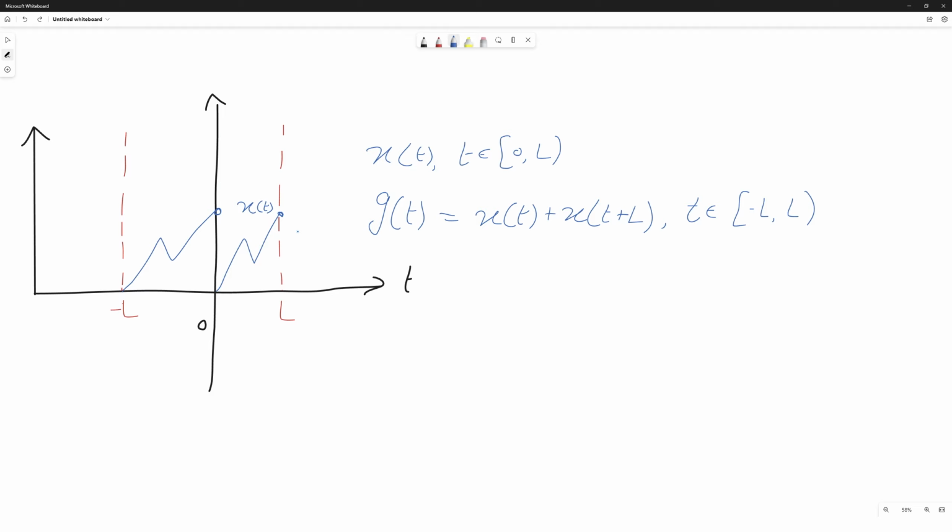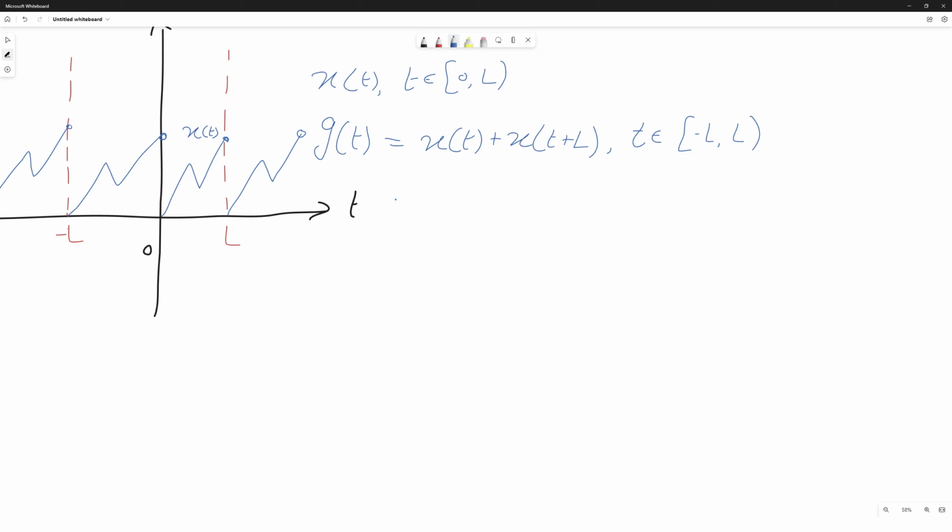And in fact, we can continue doing this, adding more and more, ad nauseum, to get a g of t which is defined as the sum of x of t plus k times L, where k goes from negative infinity to infinity.